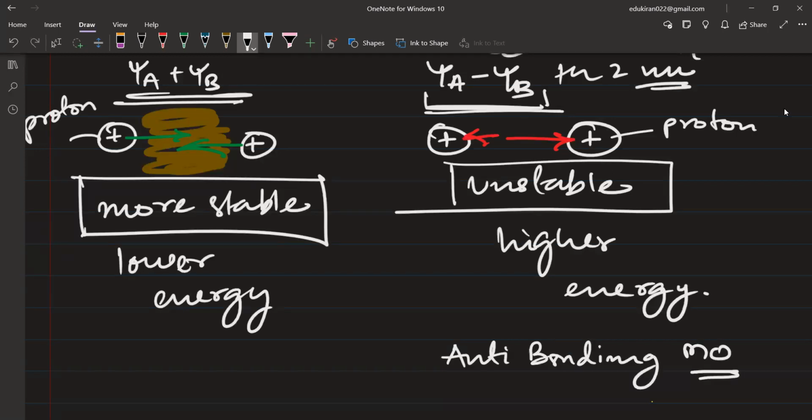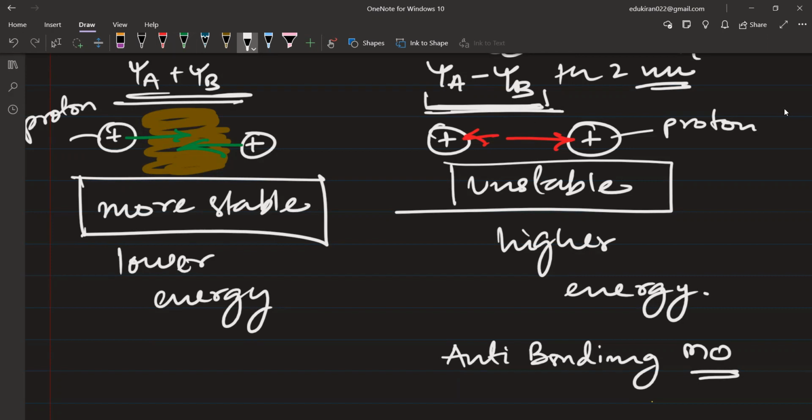The molecular orbital is formed because we are having linear combination of atomic orbitals, but it is not fruitful. It is not forming a bond. That is why it is anti-bonding molecular orbital. Molecular orbital will be formed, but it will be anti-bonding.